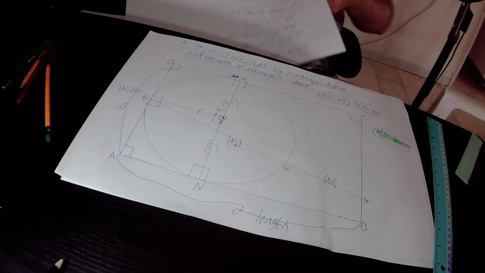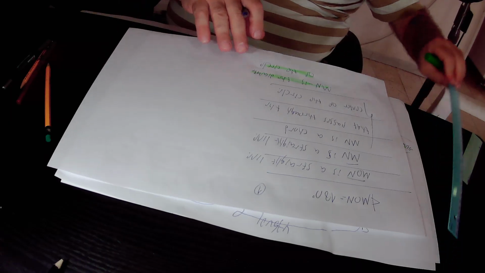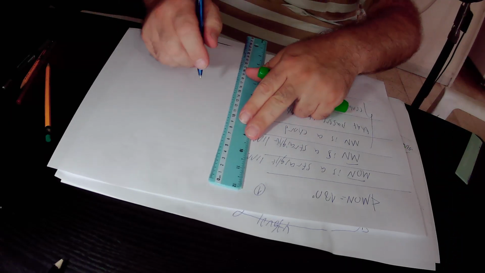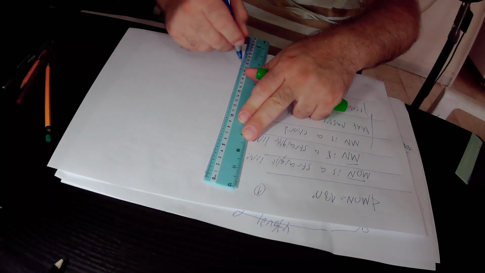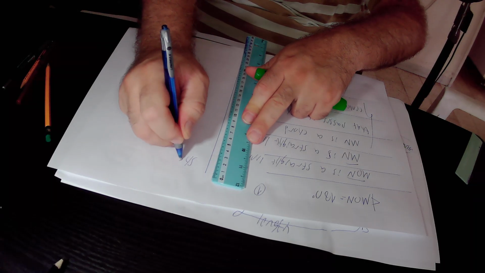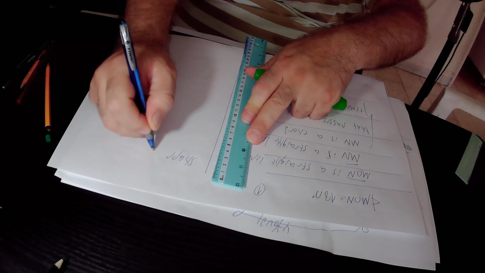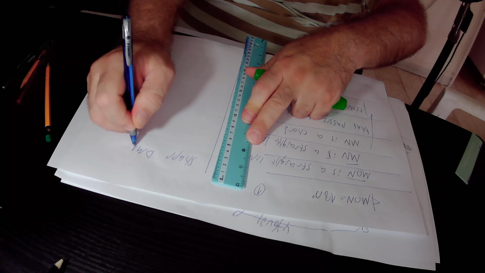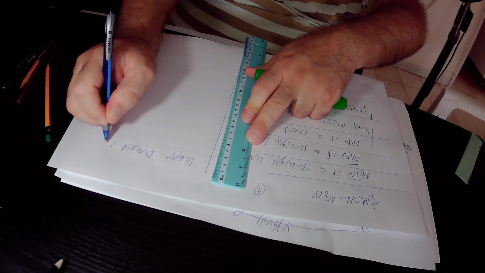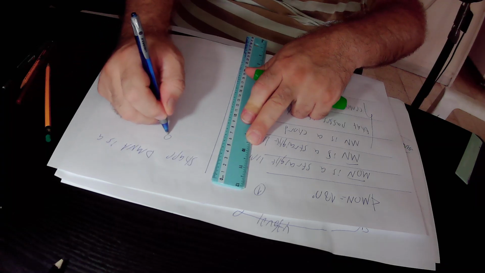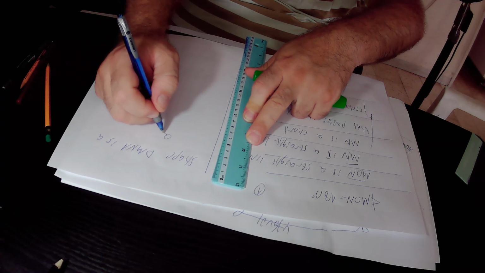So write it down. Shape DMNA is a quadrilateral because it consists of 4 sides.